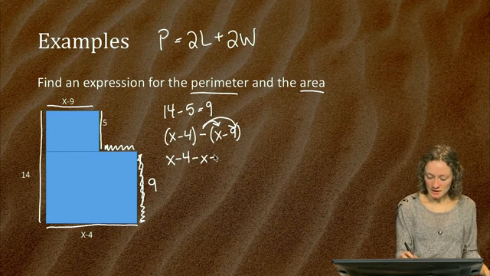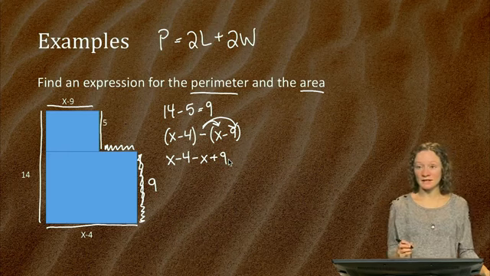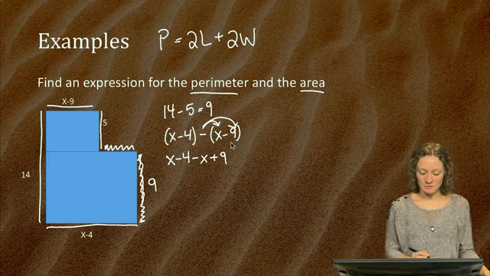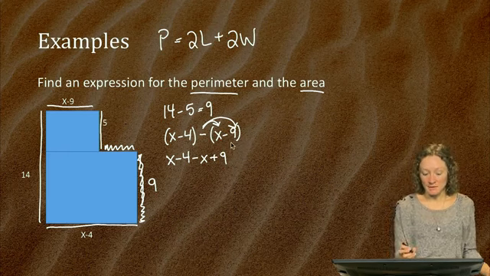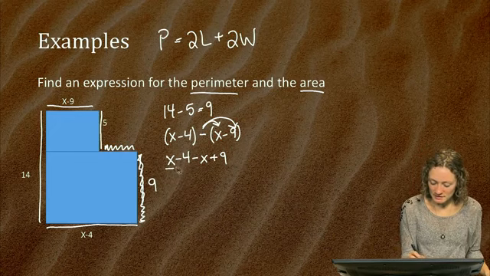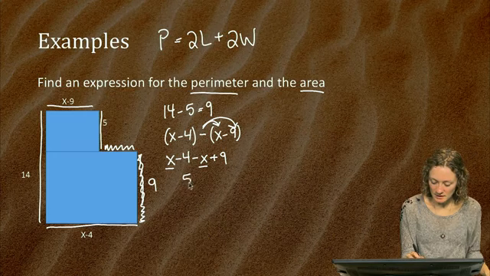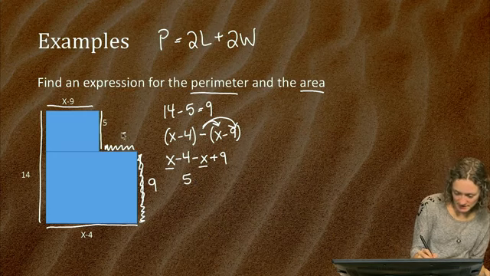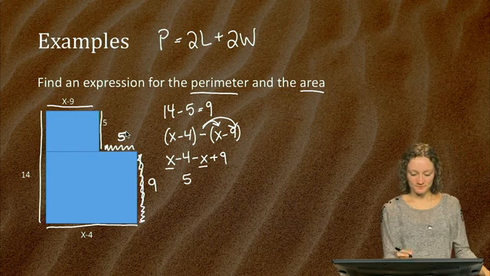So minus x and plus 9, negative times negative becomes positive. Then combine like terms. X minus x cancels. Negative 4 plus 9 is 5. So we find that the distance here is 5.